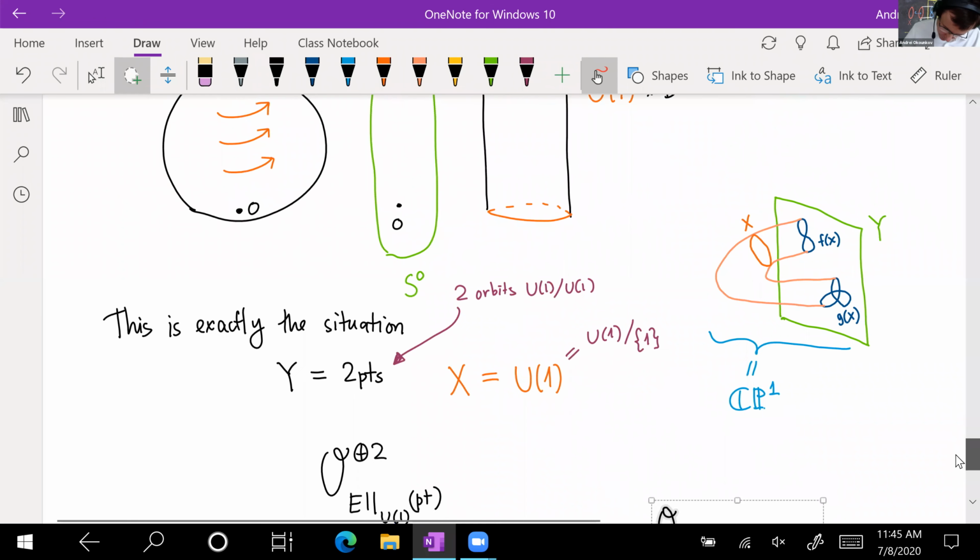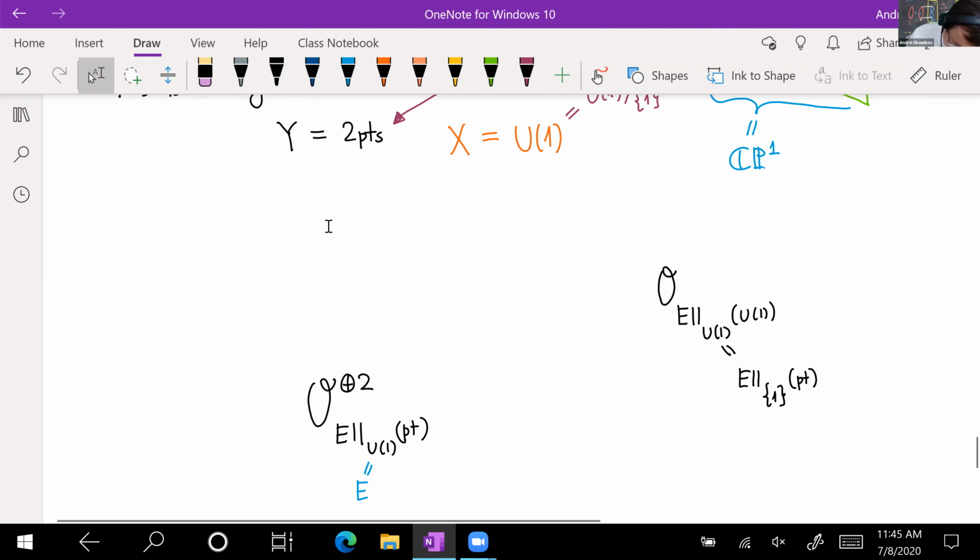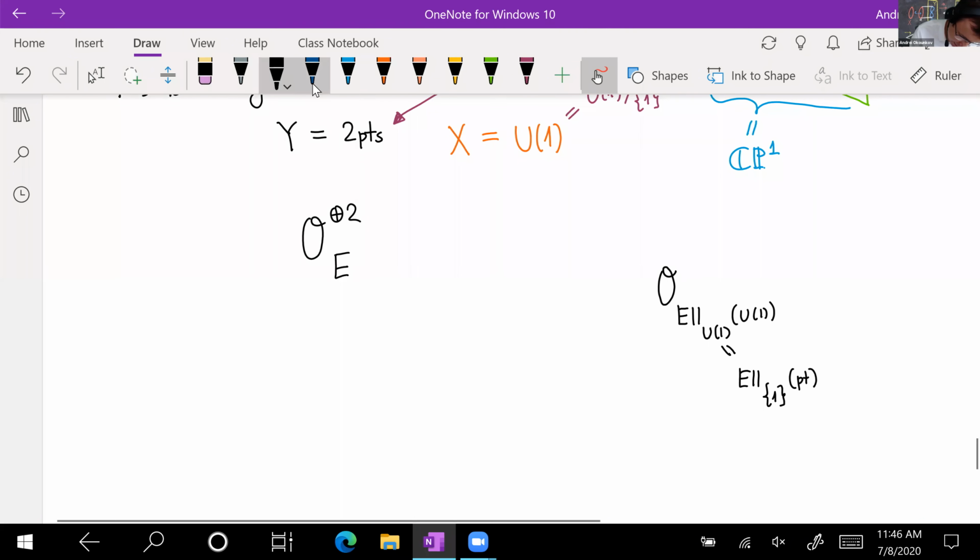Here, for Y, we had two copies of the structure sheaf of E, because E is the elliptic homology of U1 over a point, and the point is what we had here.